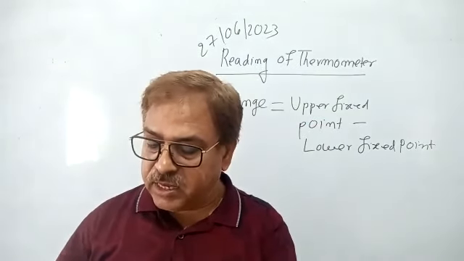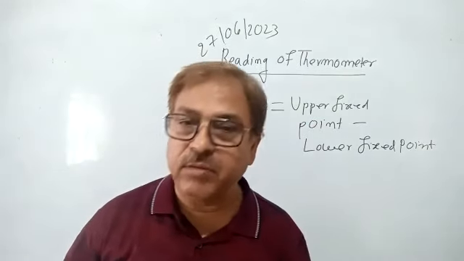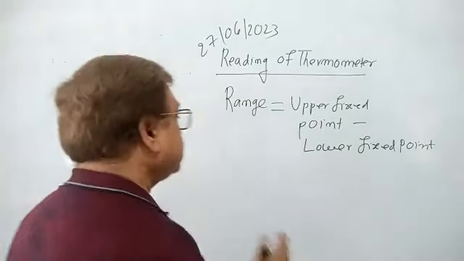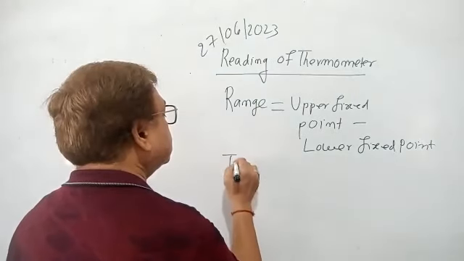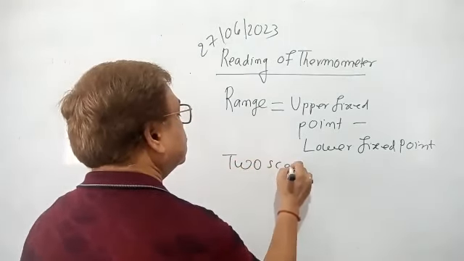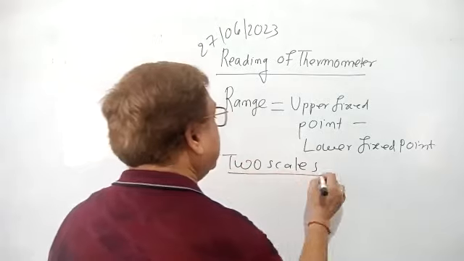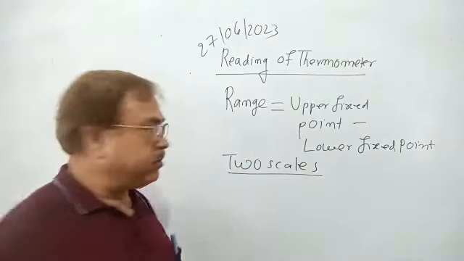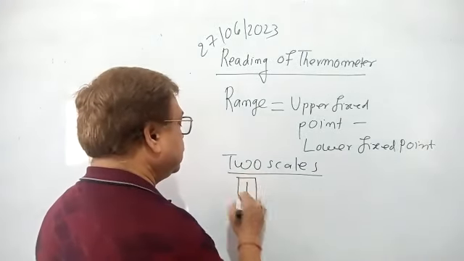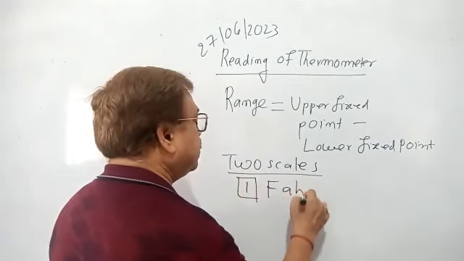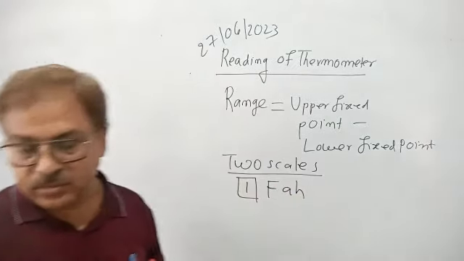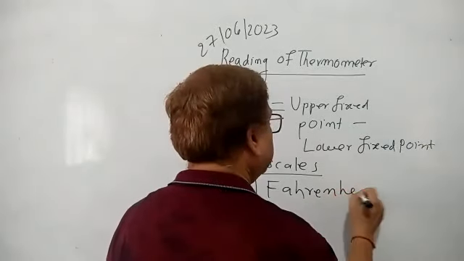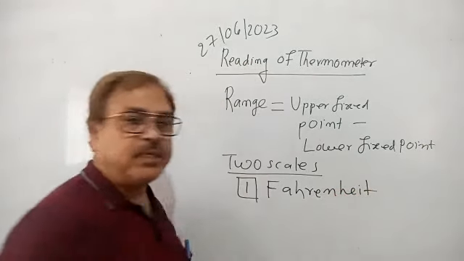All these divisions are divided into an equal, fixed number of divisions. There are two scales. Number one is the Fahrenheit scale of temperature.